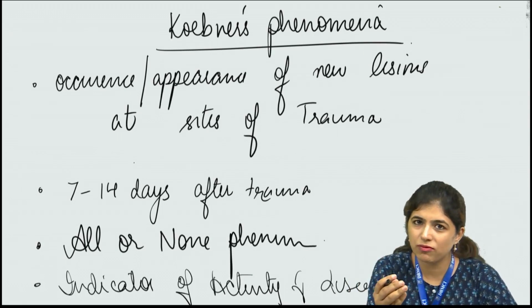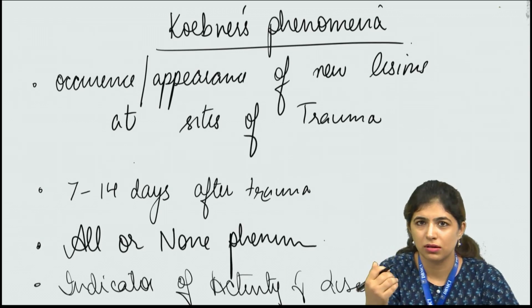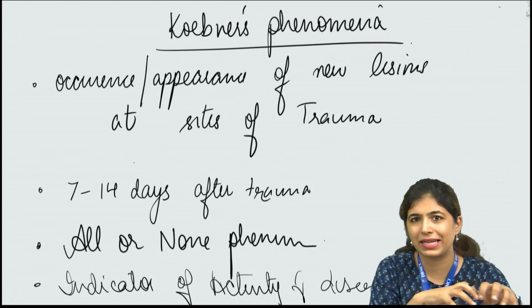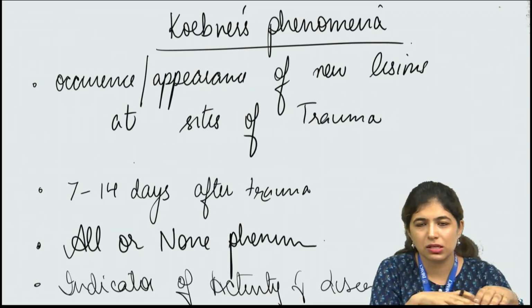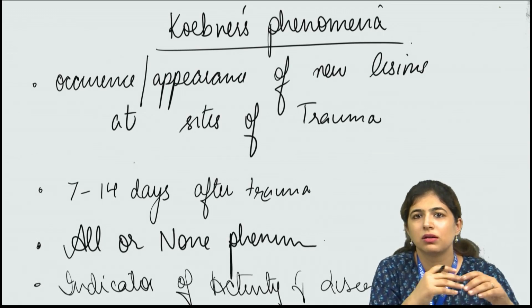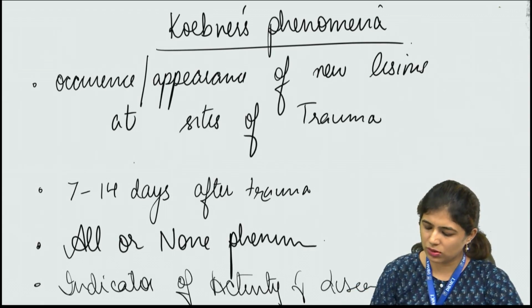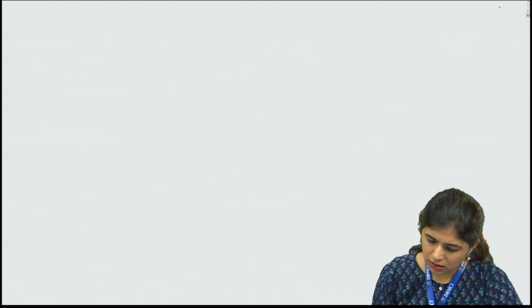At that time, if there is a trauma, then there is a higher likelihood of it leading to a new lesion. That means Koebner's is also indicative of activity, severity of the disease. If a patient is on treatment, the disease flare is reducing, chances of a new lesion appearing at the site of trauma may reduce. So these are the 4 important points about this that you have to remember.